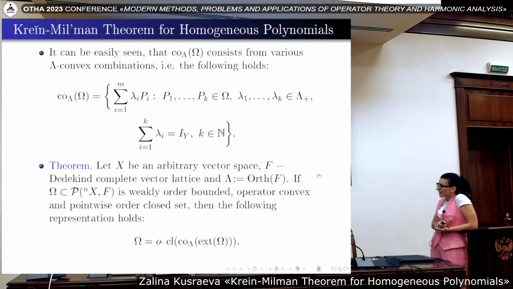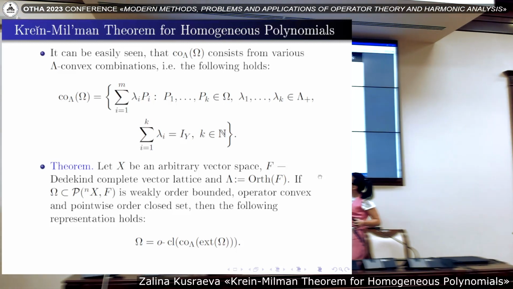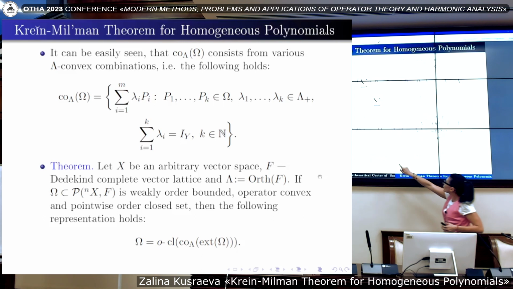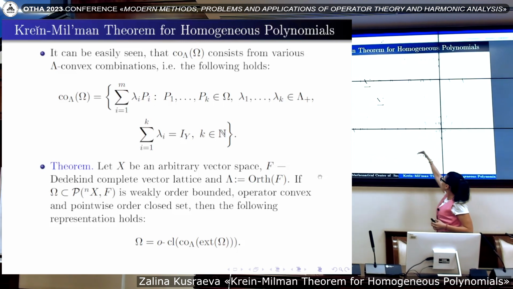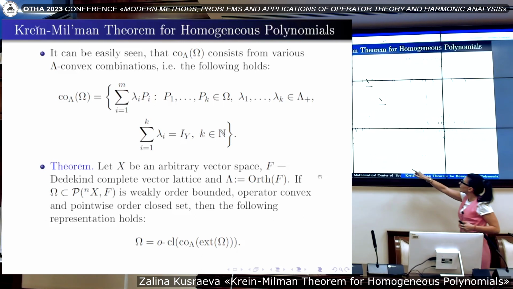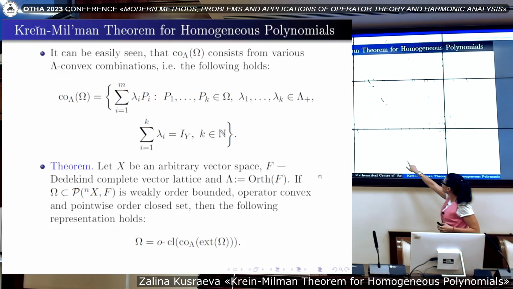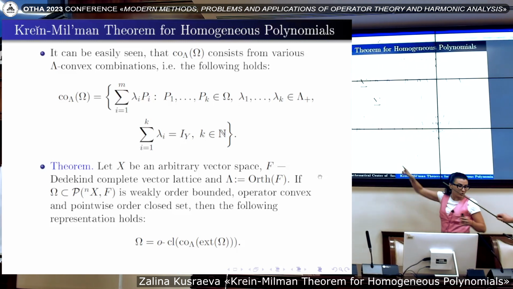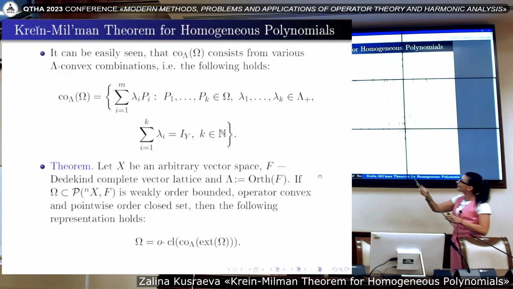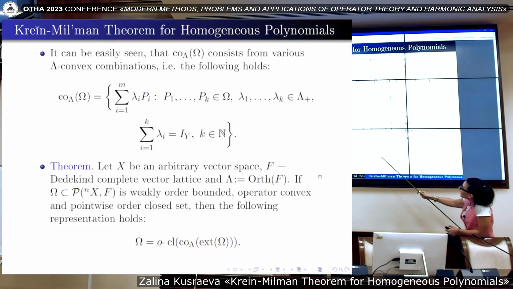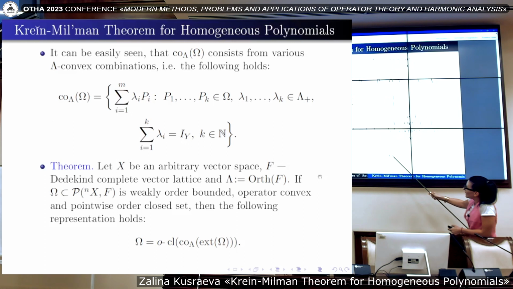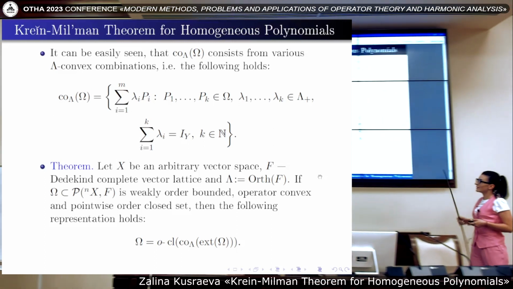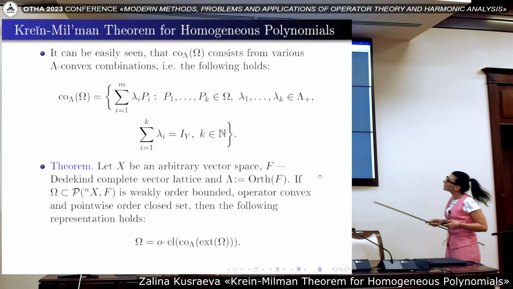We see that Omega is represented as the order closure of the convex operator hull of the set of extreme points of Omega. By cl we denote closure; we denoted it like a bar previously. So this is the Krein-Milman type theorem for polynomials.